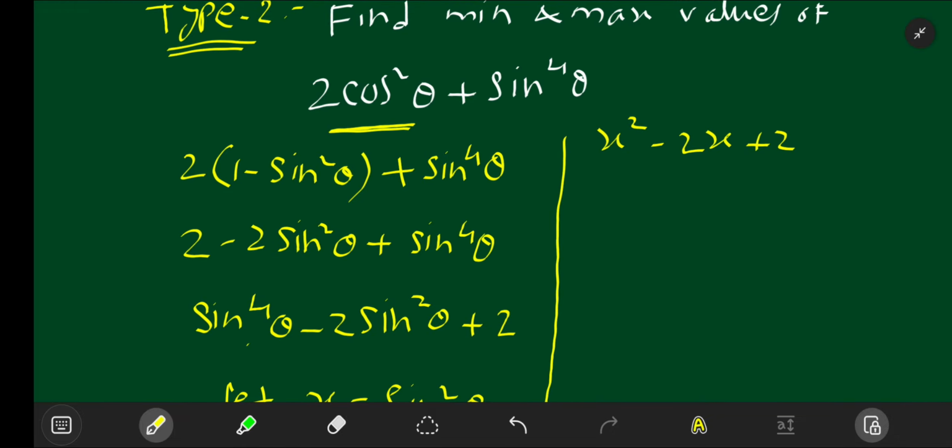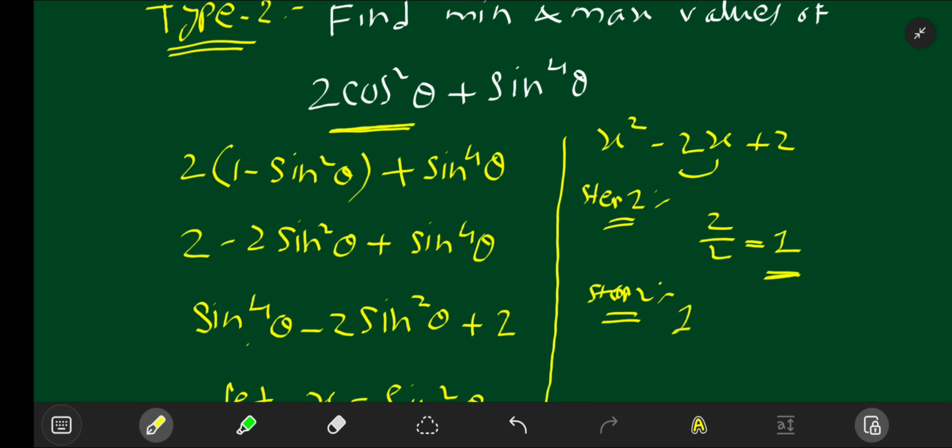Now we know the old method of converting this into a perfect square. Step 1: half the x coefficient. The x coefficient is 2, half of it is 1. Step 2: square the resulting value. 1 square is 1.